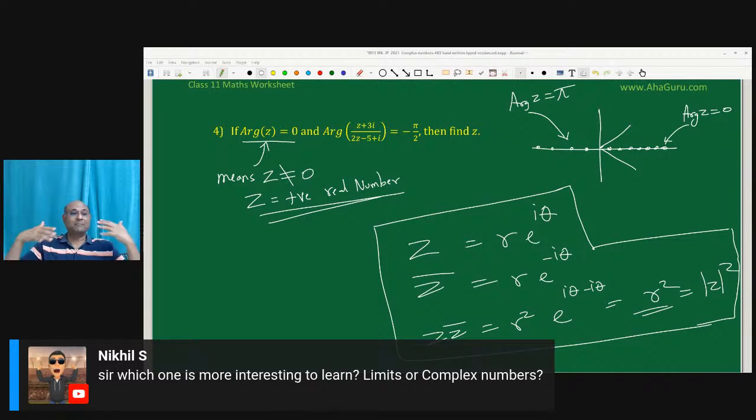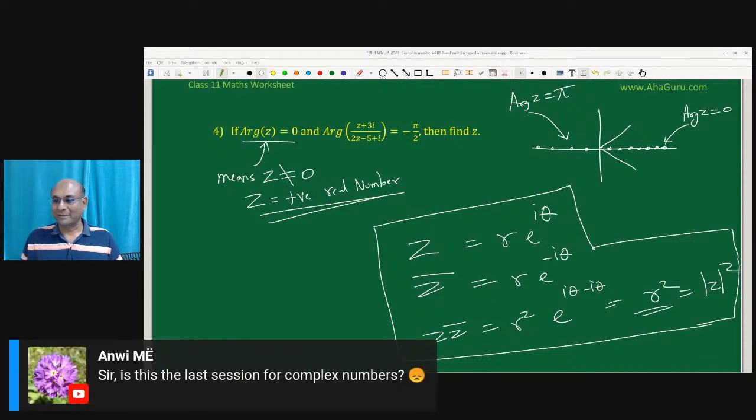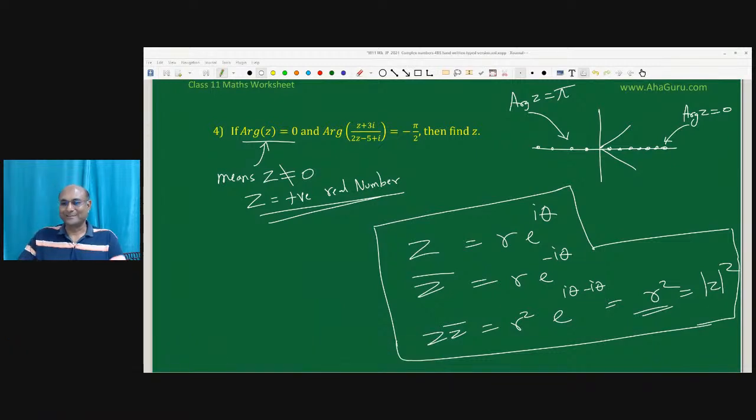Understanding how functions behave, you cannot do without limits. So in terms of utility value, limits is far more useful. In terms of interest value, complex numbers, I would say you need both. You don't want complex numbers, right? This will be the last session on complex numbers, so don't worry. There are some who don't like complex numbers. Anyway, shall we go ahead and finish this?